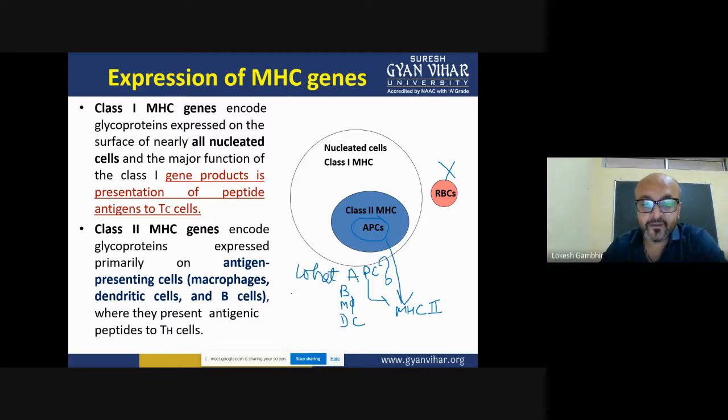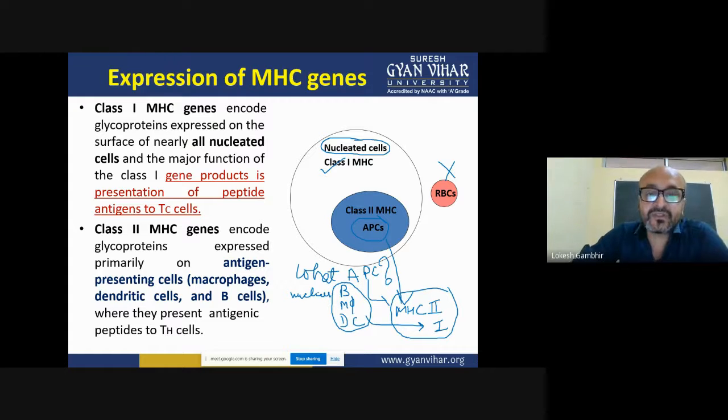All these cells have a nucleus also. And I told you, all the nucleated cells will have MHC class 1. So the APCs contain both MHC1 and MHC2, and this we have discussed when we were talking about the cell-mediated immune responses, that these APCs can elicit the humoral response also.